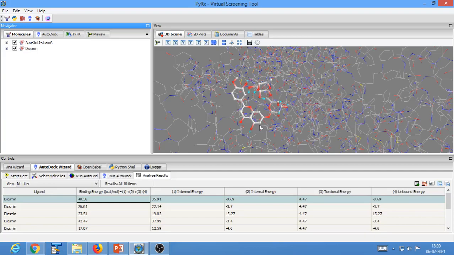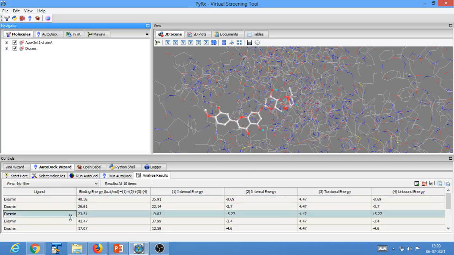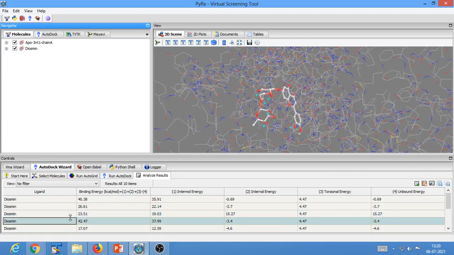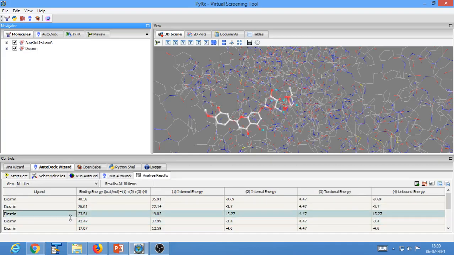Let us not go into more details of that because that would deviate from our RMSD topic. My objective in showing this is that it is possible for you to fit any ligand into the protein's binding site.